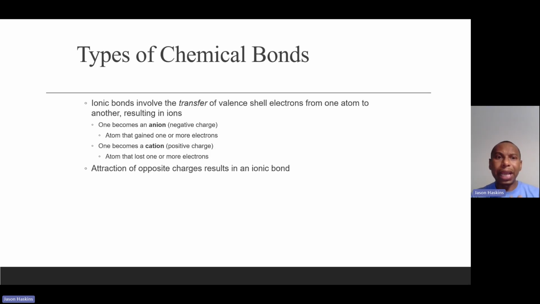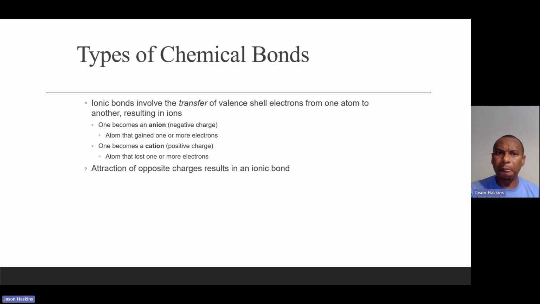For example, you see here, when an element, or an atom, gives away an electron, now it has more protons in the nucleus than electrons orbiting around it. Thus, it's going to have a more positive charge, which means that it is a cation.